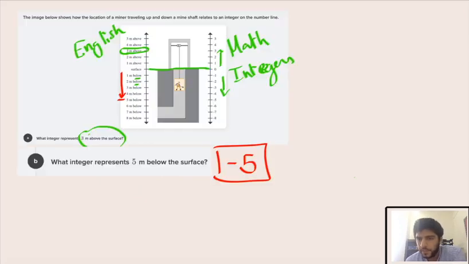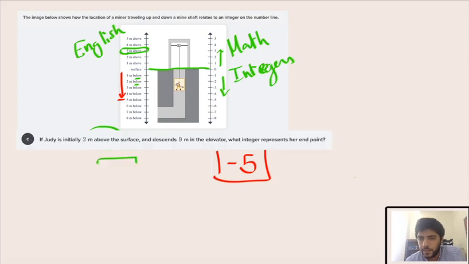Let's leave that. Get rid of this. Open C. Now C says, if Judy is initially 2 meters above the surface, okay? So Judy is 2 meters above the surface. Let's mark that in orange. She's initially over here, and descends.